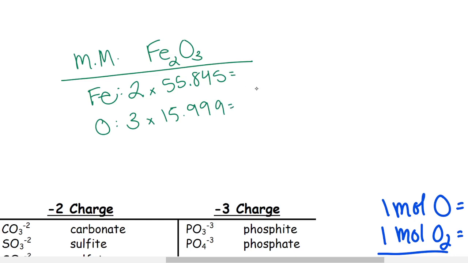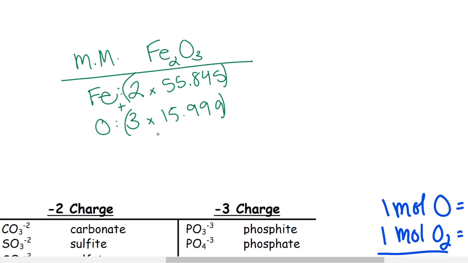So there are a couple ways you can do this. I put the equal sign so that you can get these, and then you would add those together if you do it separately. I tend to like to use parentheses. So when I type this into my calculator, what I actually type is this plus this, and I don't hit enter in between. So if you want to follow along like that. I'm typing open parentheses 2 times 55.845, close your parentheses, plus open parentheses 3 times 15.999, and then close your parentheses.